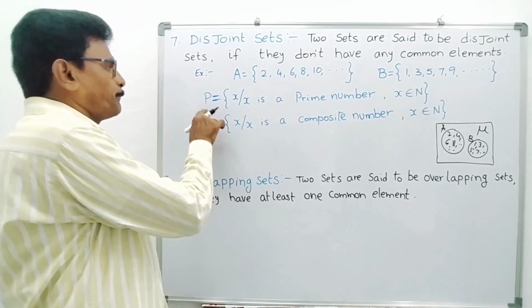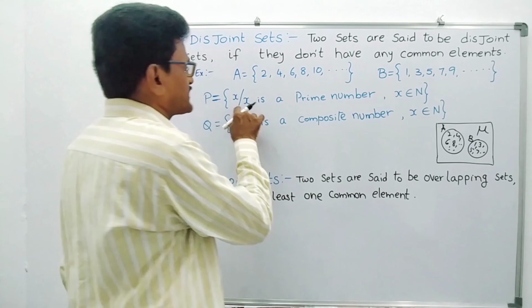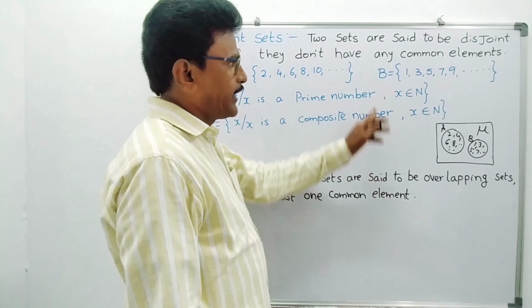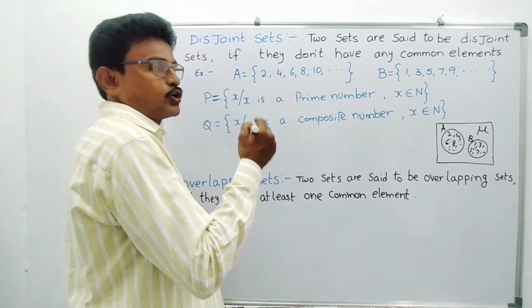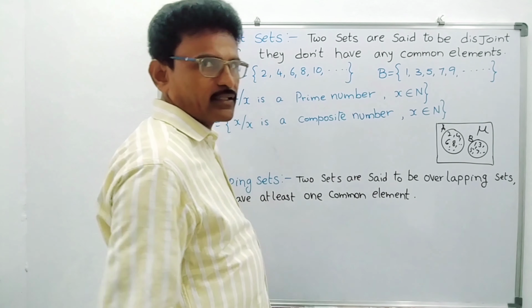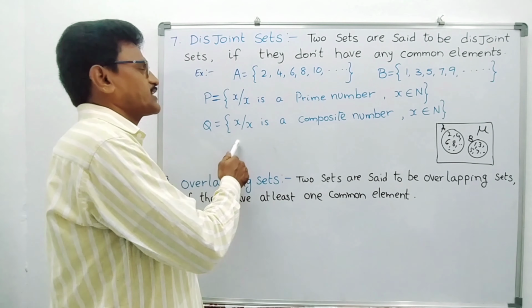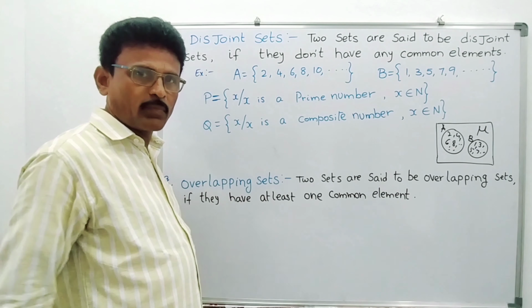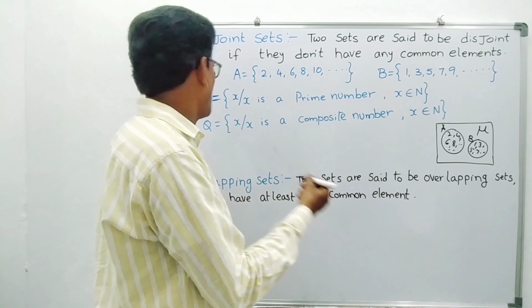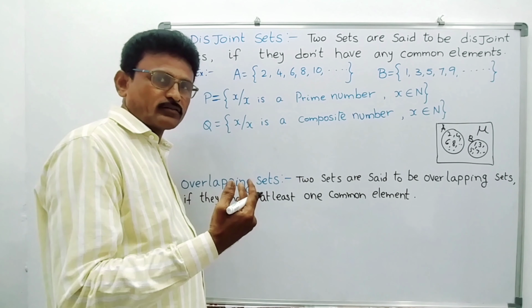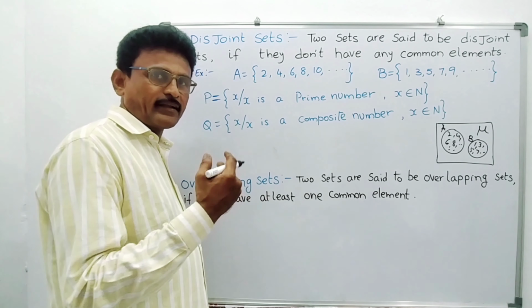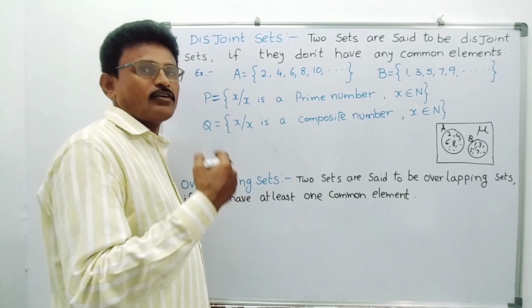Now P. What is set P? {x such that x is a prime number and x belongs to natural numbers}. Prime numbers, we know, are 2, 3, 5, 7, 11, 13, so on. And set Q is {x such that x is a composite number and x belongs to natural numbers}. So in set Q, what are the elements? Composite numbers: 4, 6, 8, 9, 10, 12, 14.